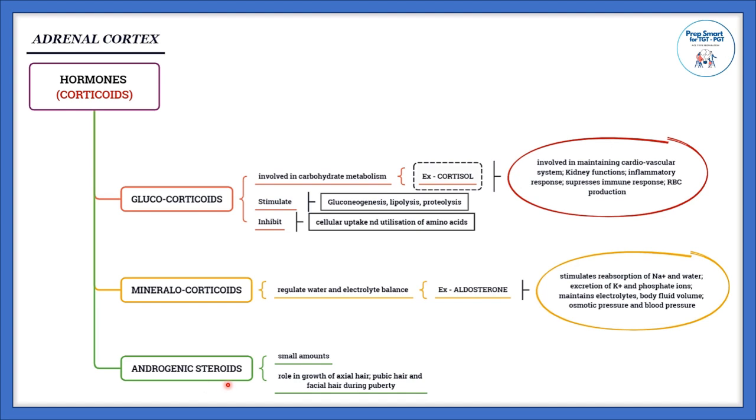Androgenic steroids are also some of the hormones secreted by the adrenal cortex, combinedly present in corticoids. These are present in trace amounts. They have a role in growth of axillary hair, pubic hair, and facial hair during puberty. This was all about the secretions of the adrenal gland, from the adrenal medulla and adrenal cortex.